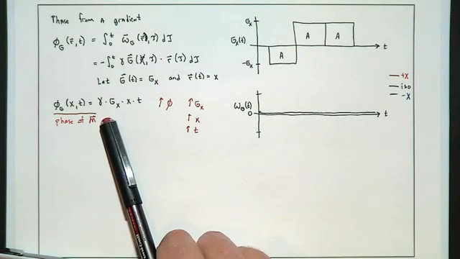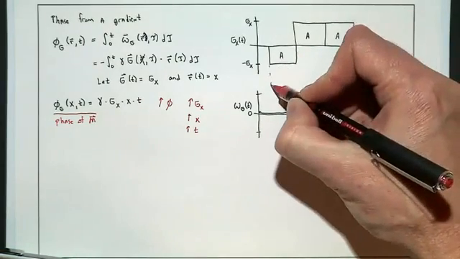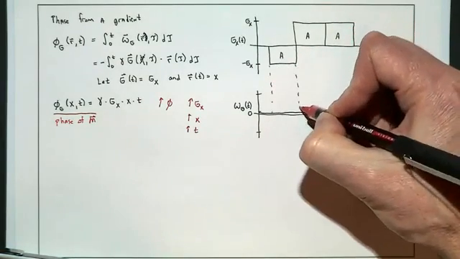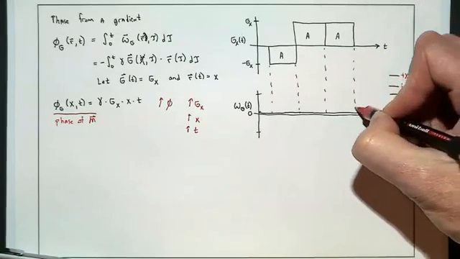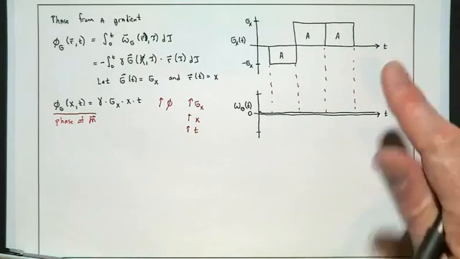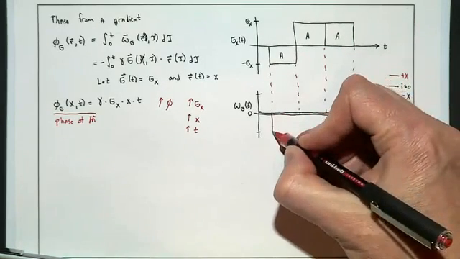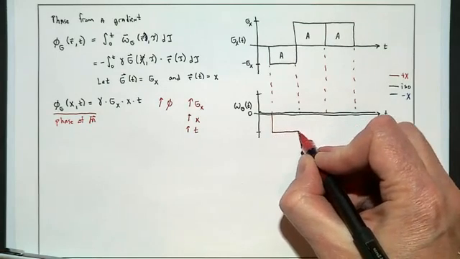Should go negative, right? So I'm going to be down here. Let me draw some alignment times. And so for a spin at a positive x position, as soon as that gradient's turned on, it's going to go down to having a Larmor frequency at minus omega g.